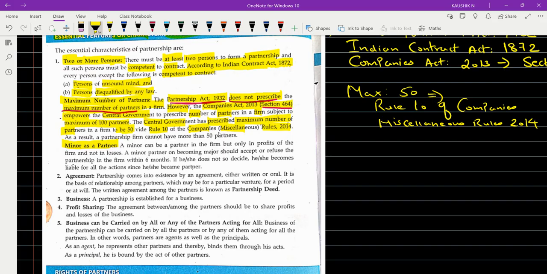All of a sudden partner B demised, that is, he died due to a heart attack. Partner B had a minor son aged 14 years, and all of a sudden partner B died of a heart attack.